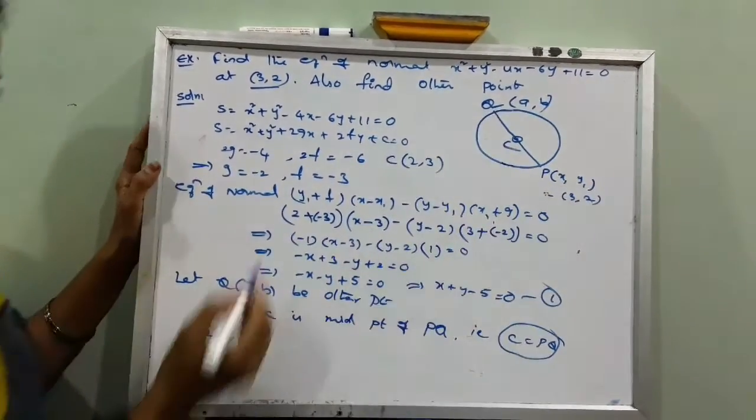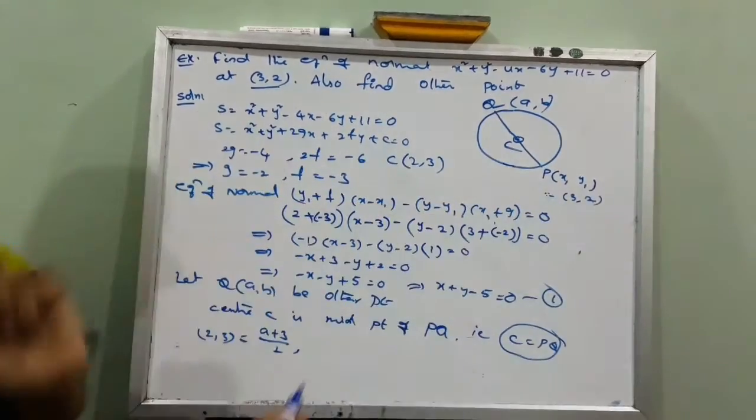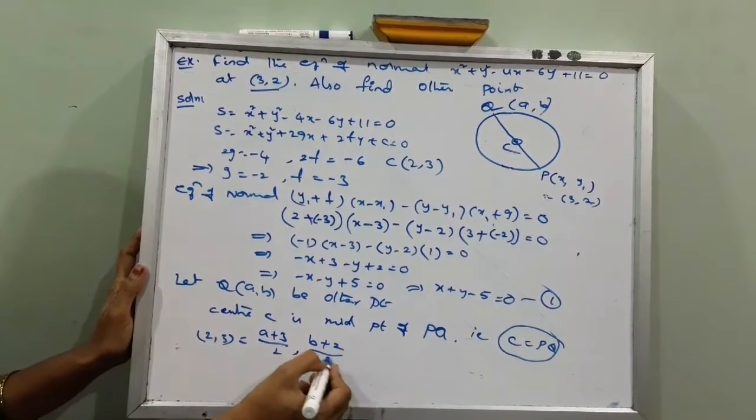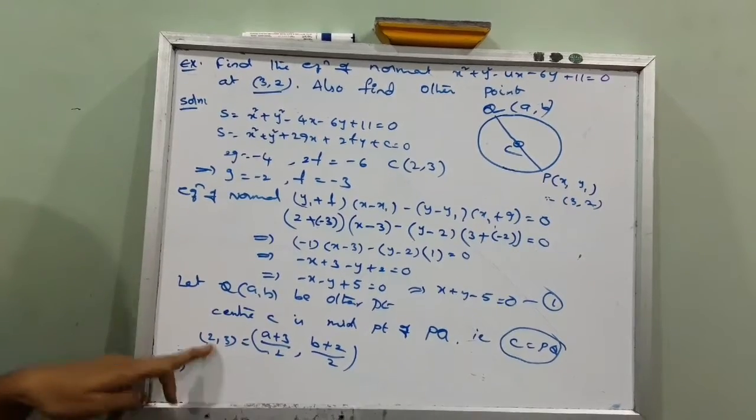So (a plus 3) by 2 comma (b plus 2) by 2, equating the coordinates.